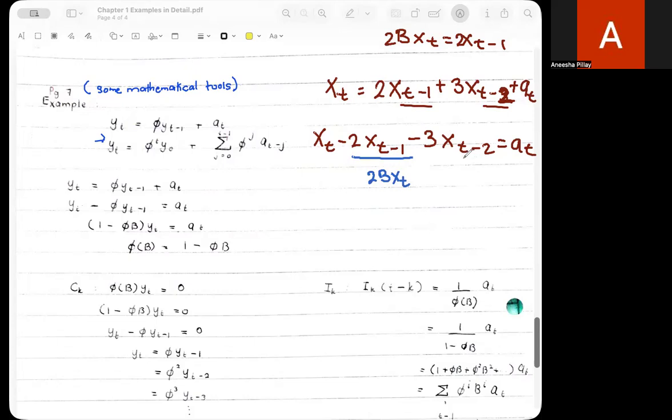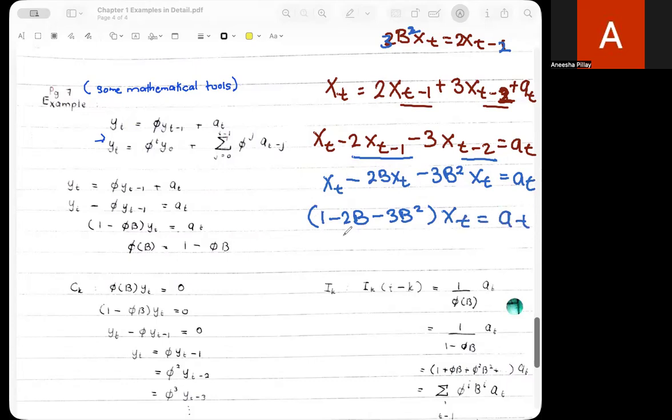If I have a minus 2 here, based on your notes, it would be B squared, so this one would become B squared and this will be 3. So this will become minus 3B squared xt, equal to at. If you simplify this further, it will be given in this form.